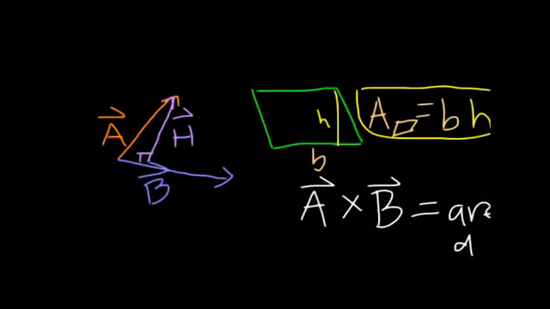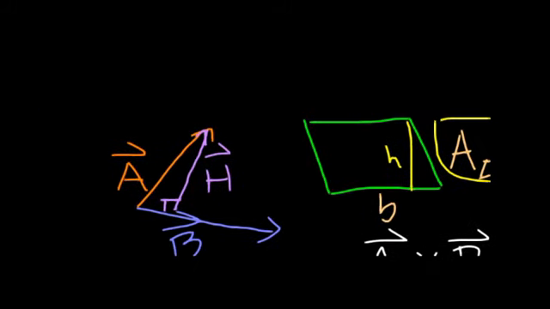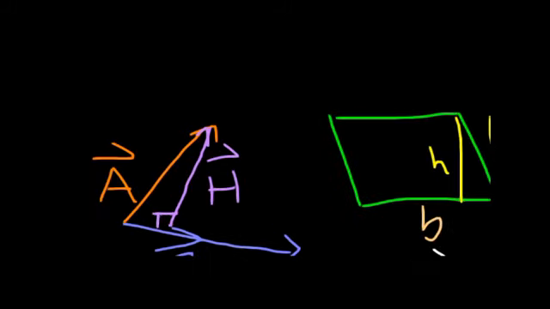But I guess you can say, hey Vince, where the hell is the parallelogram? Well, to that I answer, this is the parallelogram imagined with this color. This is the parallelogram.